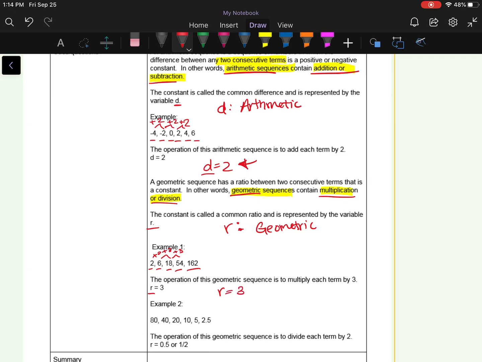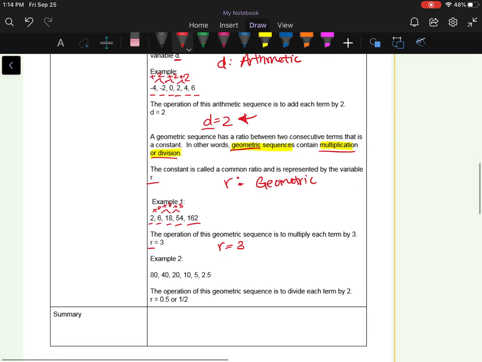The way we express that is saying r equals 3. One thing that I did tell you guys in class was there are multiple ways to express addition and subtraction and multiplication and division. One way to express division is to state it as multiplication by a fraction. I said in class, this was my example. Is this statement true?